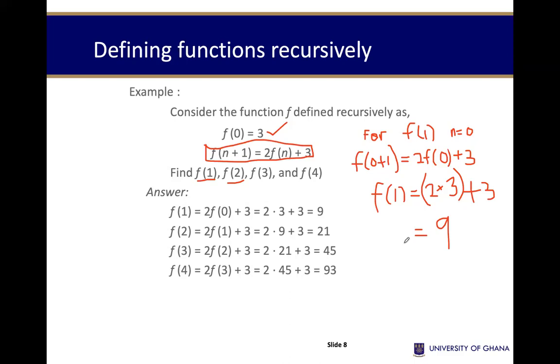So for f of 2, I'm going to have n equal to 1, right?